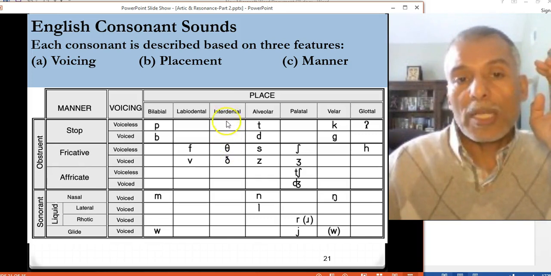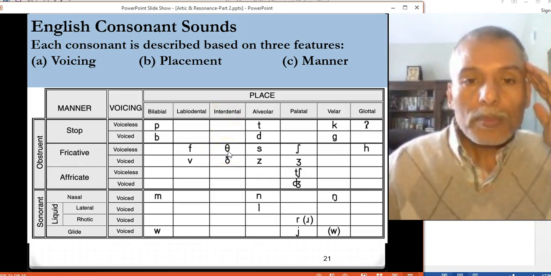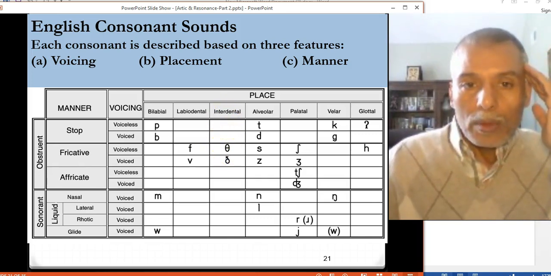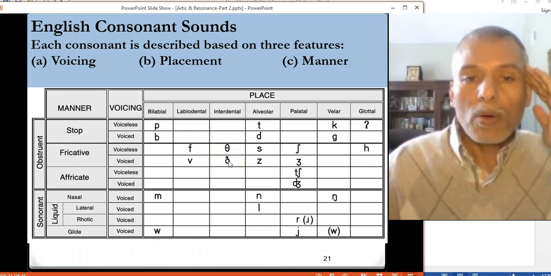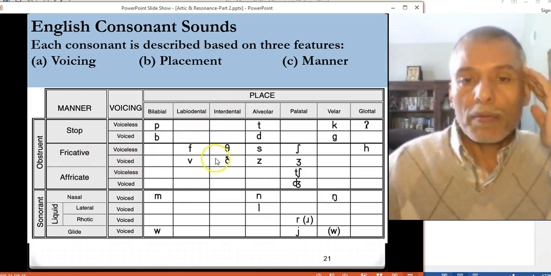So it's lingua dental or interdental. And fricative. So it's voiceless, interdental or lingua dental, fricative. The eth is exactly the same, as in father or them, except that it is a voiced interdental fricative.